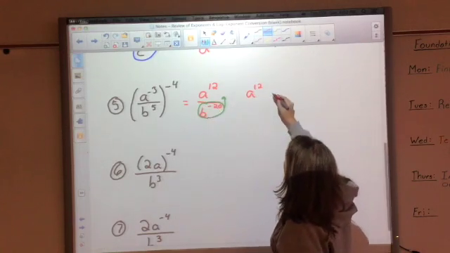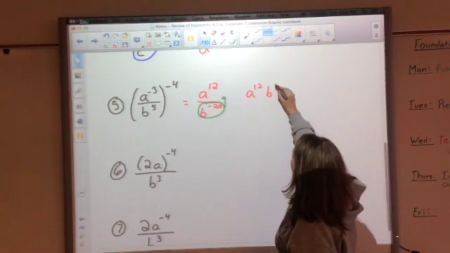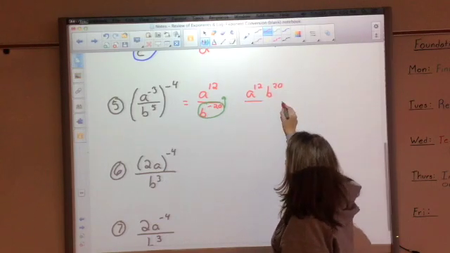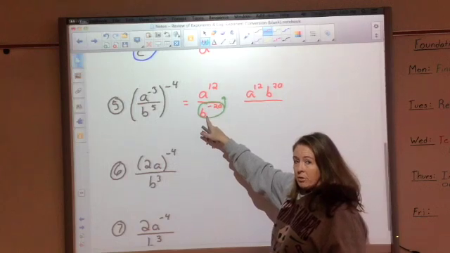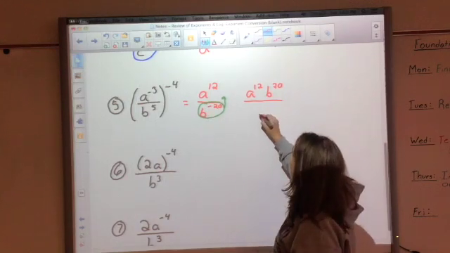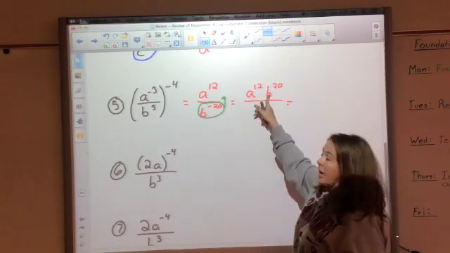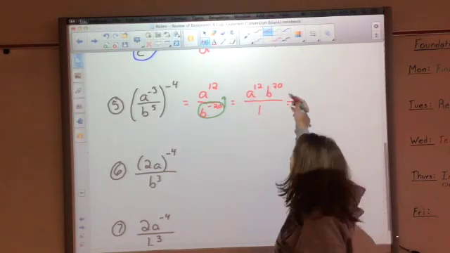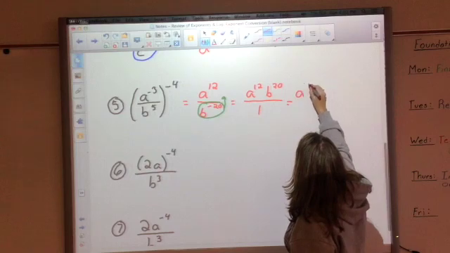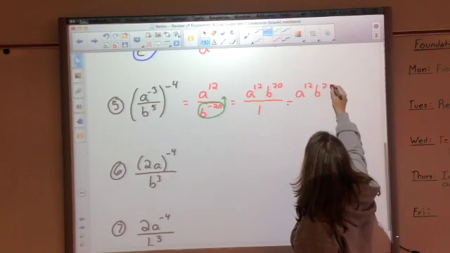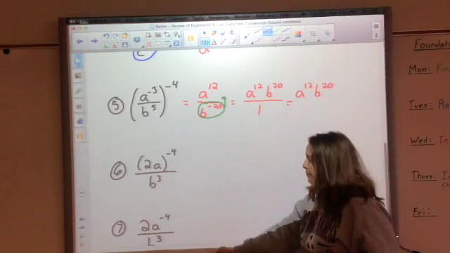But this b would need to move up and become a positive 20 now. Nothing left down here because we moved everything up, so it's a 1. However, I don't really need to write the 1. The a and b can't be combined because they're different bases, so we have a to the 12th, b to the 20th, and that's it.